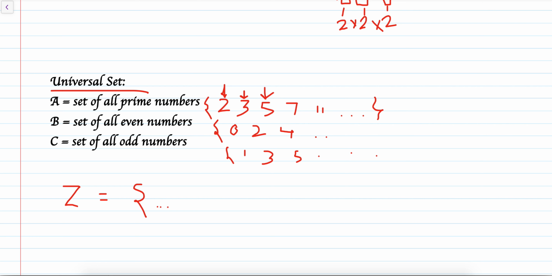Integers range from minus infinity, then minus 2, minus 1, 0, 1, 2, 3 and so on, to plus infinity.